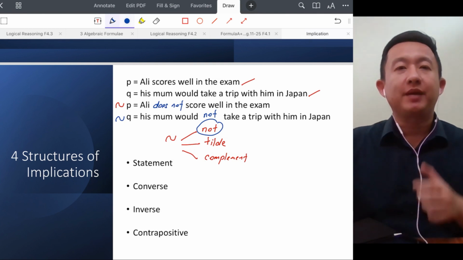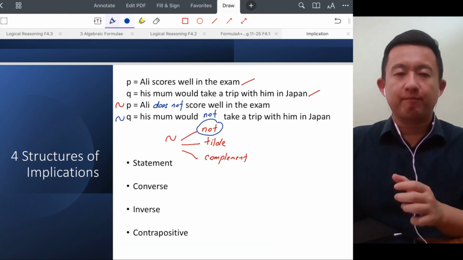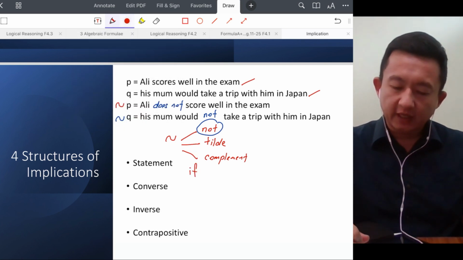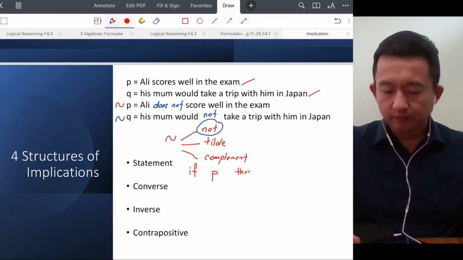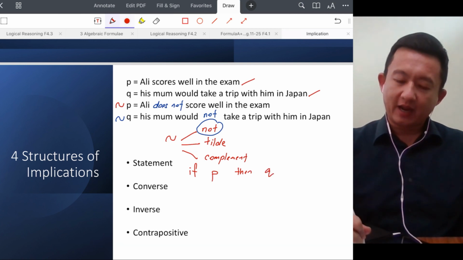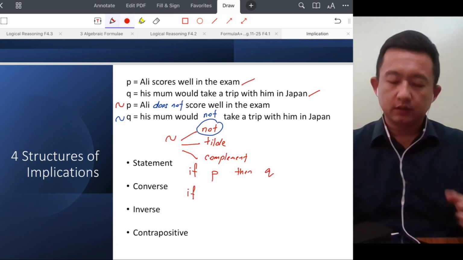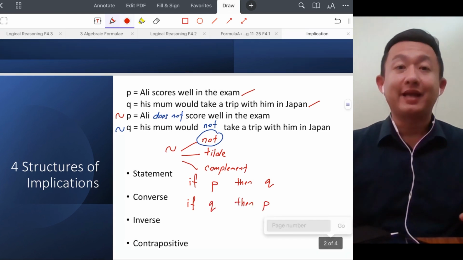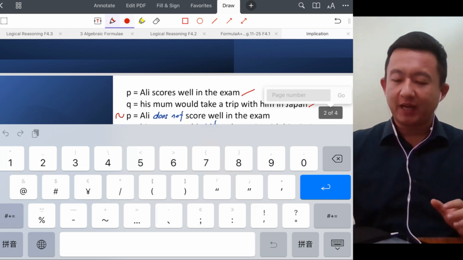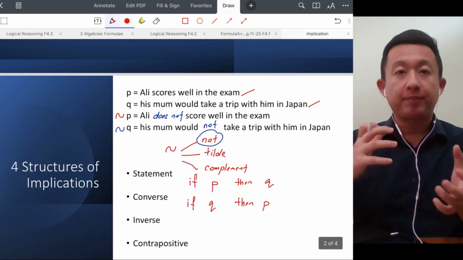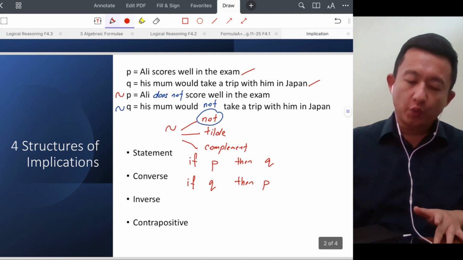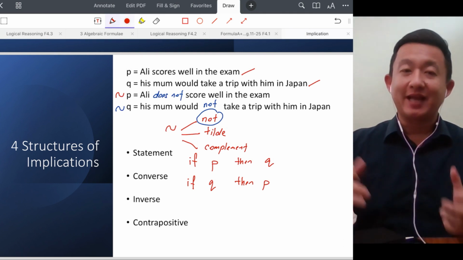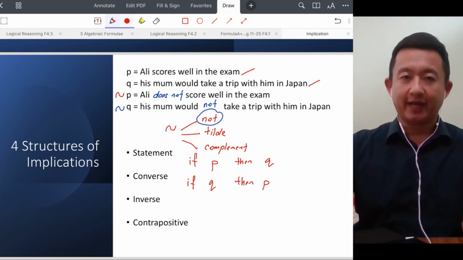The statement will be the original statement of the implication. It goes with if P then Q, and the converse, if Q then P. So you swap places between the P and the Q. That will go with: if his mom takes a trip with him in Japan, then Ali will score well in the exam.